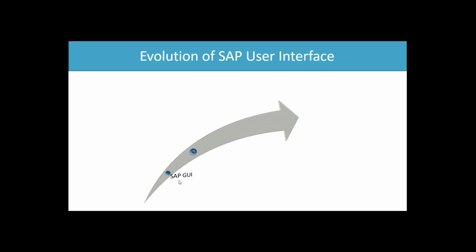Okay, Prasad says WebDynpro, BSP. Yes, they are also user interfaces, I mean technologies which have been used. Yeah, Prasad is very nearby. So the next version was ITS, my dear friends.